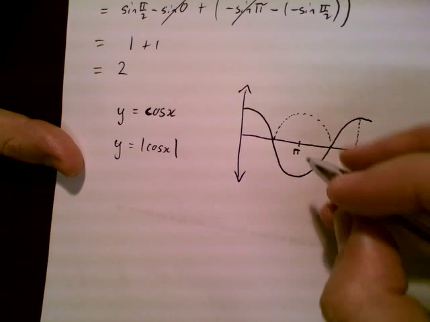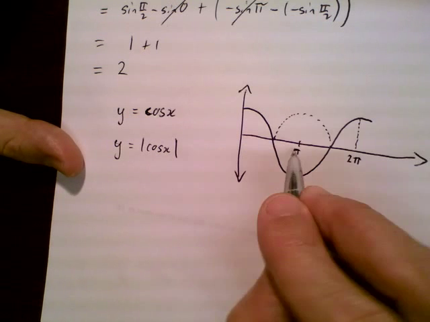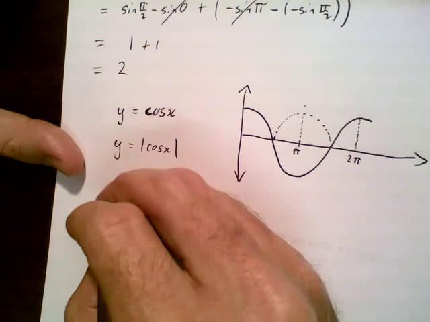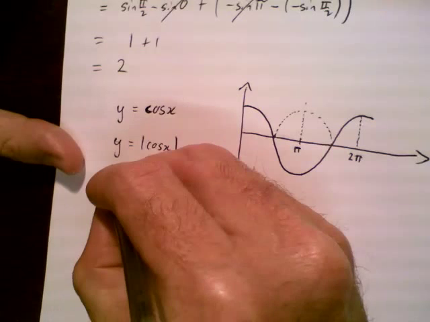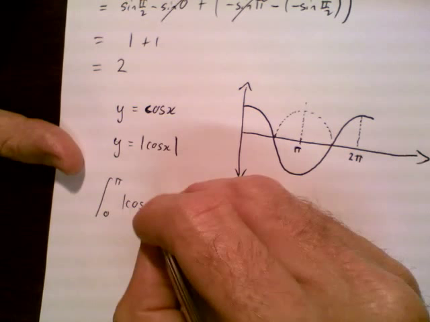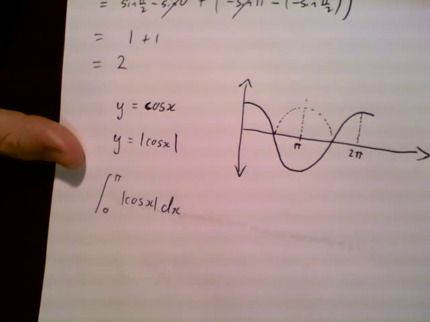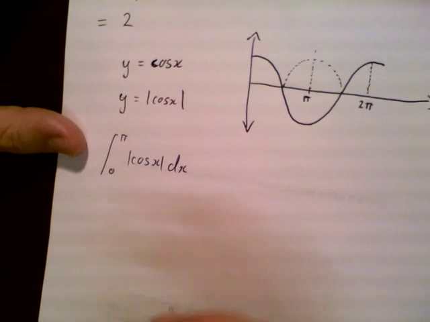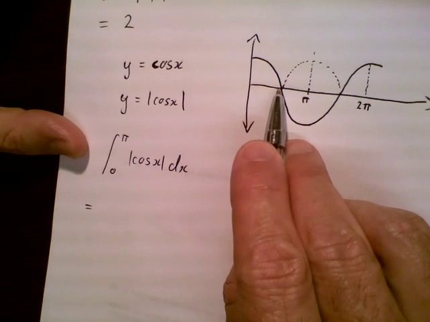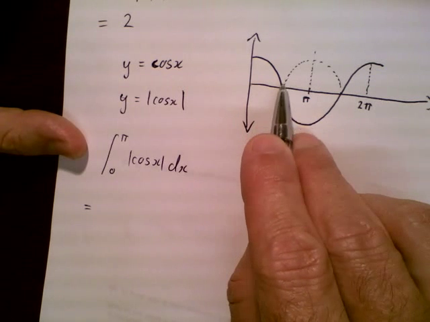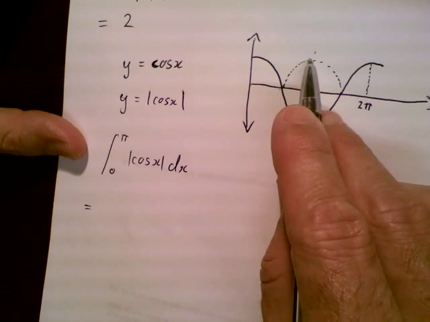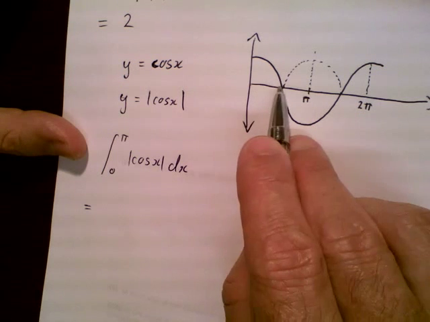So if we were integrating between 0 and pi, as in this question, we can actually see that the integral between 0 and pi of the absolute value of cosx dx would in fact be equal to the integral from 0 to pi on 2, just times by 2. Just from symmetry, we can see the integral of this part of the absolute value function is going to be the same as from 0 to pi on 2.